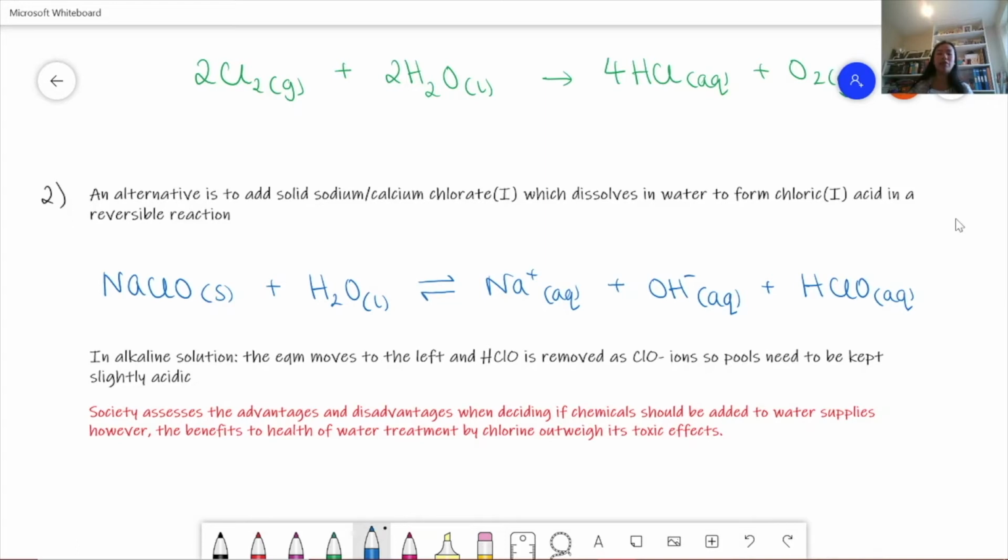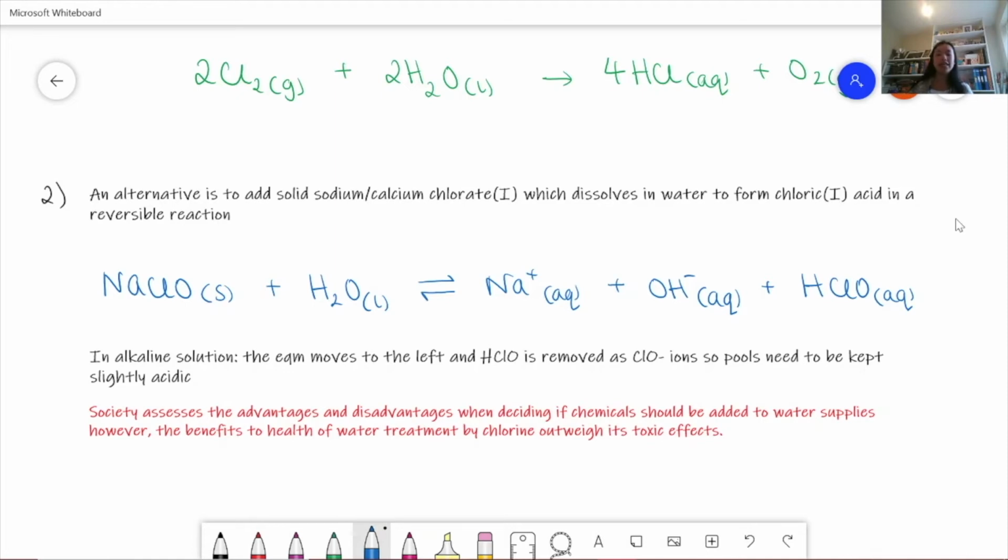So because the equilibrium has shifted left, that means that there is more of the chloric acid which is being used up to form the sodium chlorate and water. And so this is why pools actually need to be kept slightly acidic, so we can keep this equilibrium to the right, so then more of the chloric acid is formed to sterilize the water.